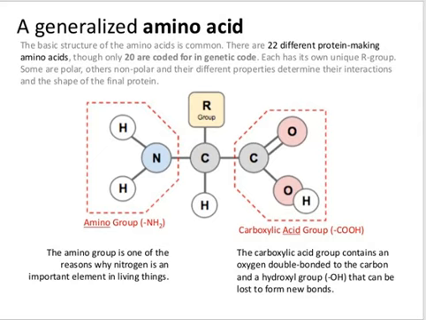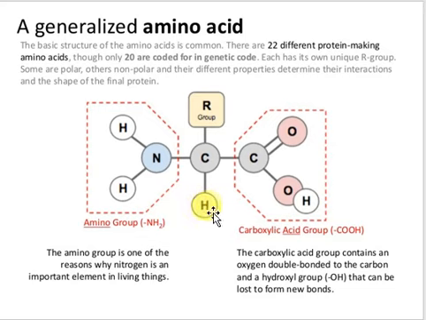Your amino acids are organic molecules that all have these four groups that associate around an asymmetric carbon. So every amino acid has an asymmetric carbon that is surrounded by a carboxylic acid group or carboxyl functional group, hence the name amino acid.